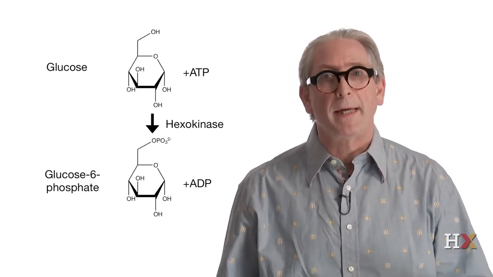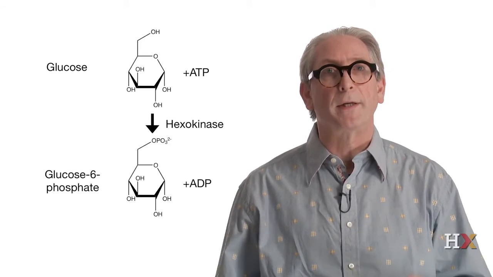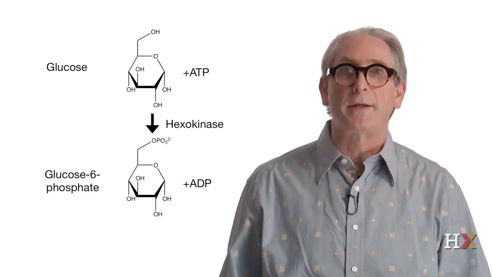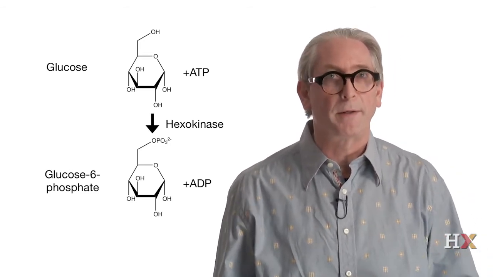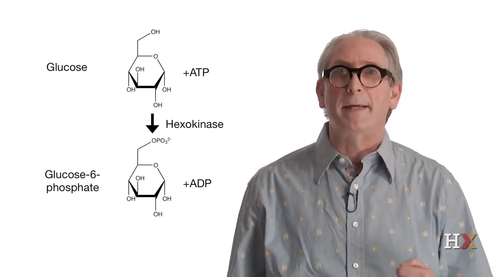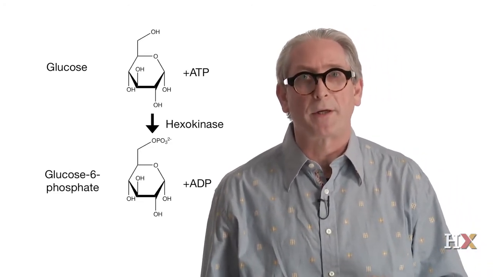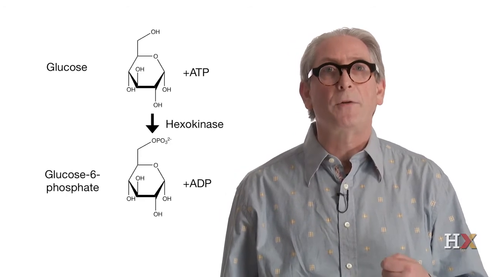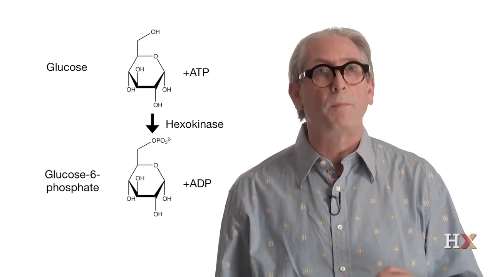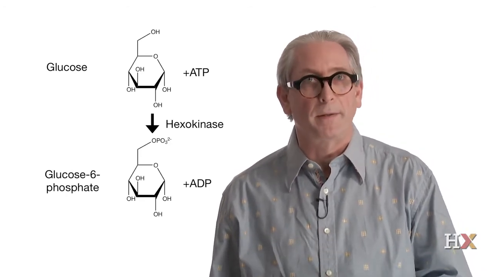Now, imagine that we have in a test tube a specific concentration of glucose and a specific concentration of ATP, and if this reaction relies solely on the random collision between glucose and ATP molecules, we can estimate that the rate of the reaction in this case will be 10 to the minus 13 mole per liter per minute.